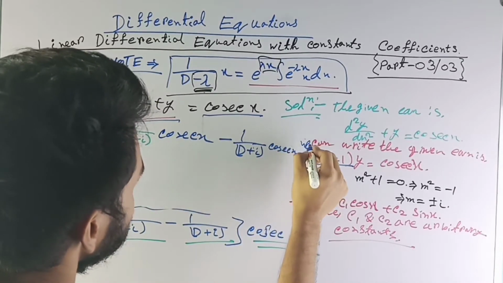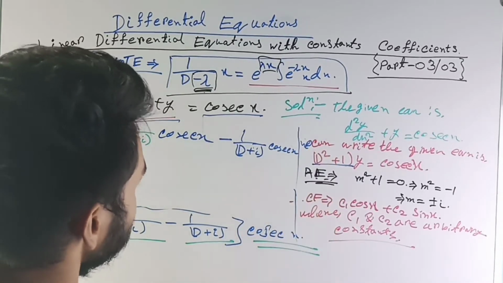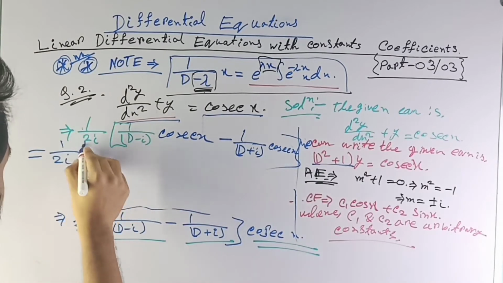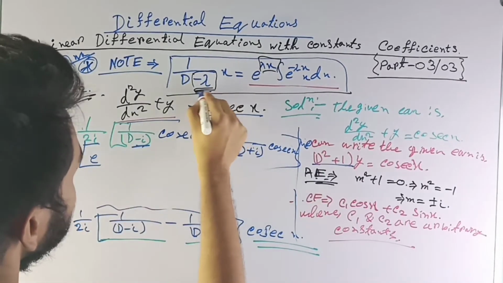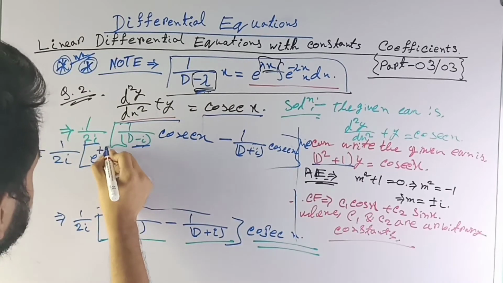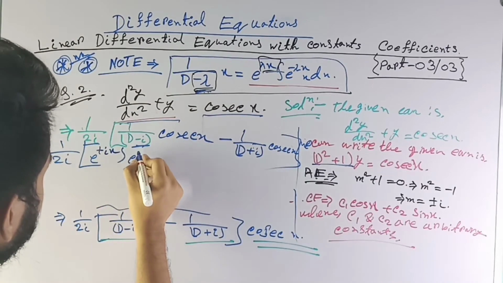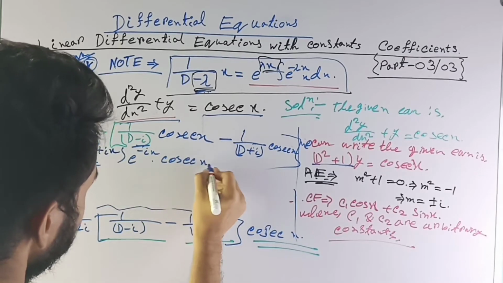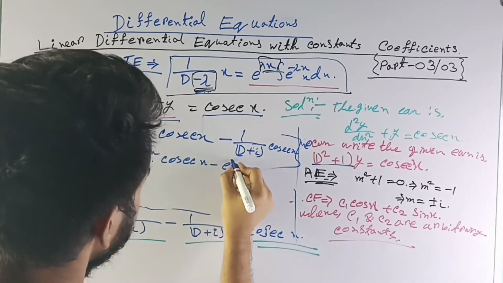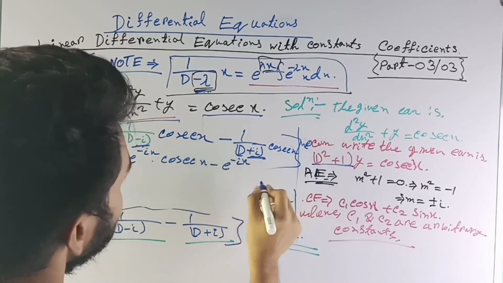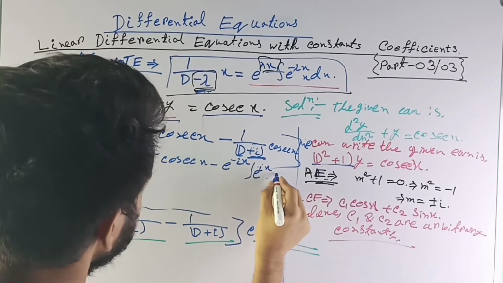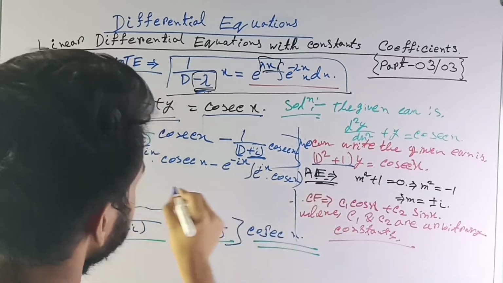We can write the given equation as that. So now 1 by 2 iota of e to the power, here the minus, therefore we can write the plus. So e to the power plus ix times the integration of e to the power minus ix of cosec x, and minus e to the power, here D plus iota, therefore we can write e to the power minus ix.